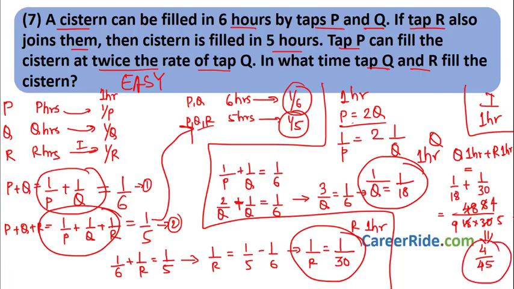So in 1 hour, Q and R do 4 upon 45 amount of work. So the entire work would be done by them in how many hours? Simply invert, that would be 45 upon 4 hours, right? So this is nothing but the time taken by Q and R to fill the cistern. 45 by 4 hours. This is the answer.